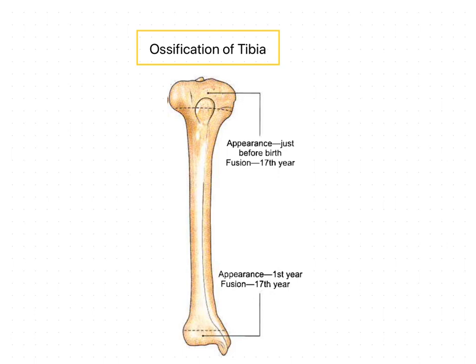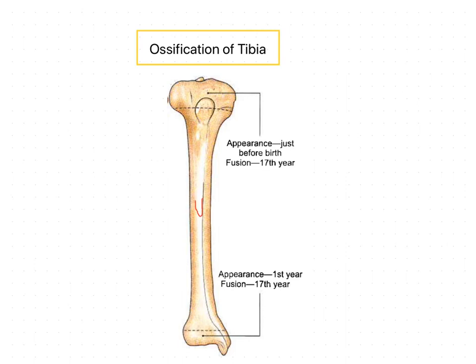In this ossification of the tibia, you can see some very important things. The tibia ossifies from one primary and two secondary centers. The primary center appears in the shaft during the 7th week of intrauterine life.